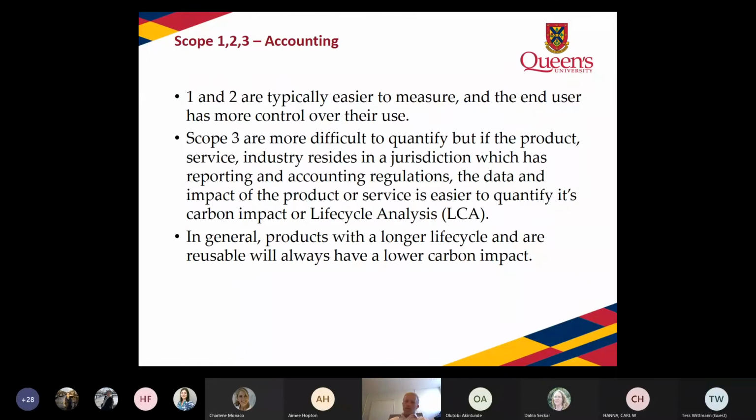So in general, just to come back to that, Scope 1 and 2 are typically easier to measure, and the end user has more control over their use.